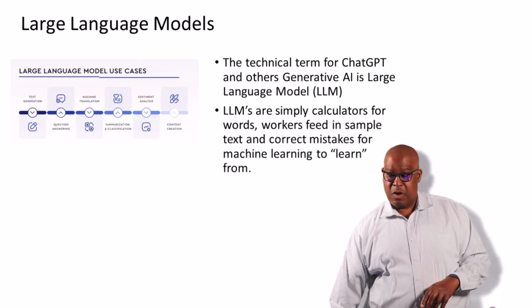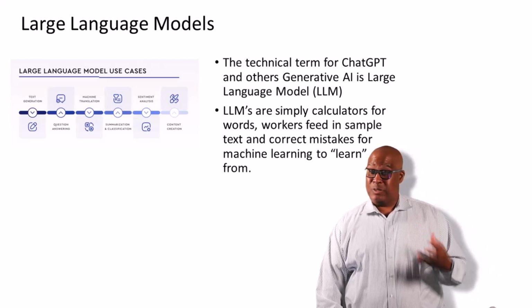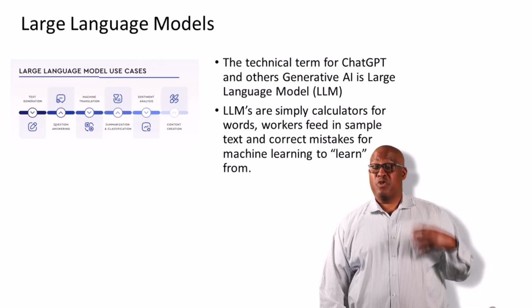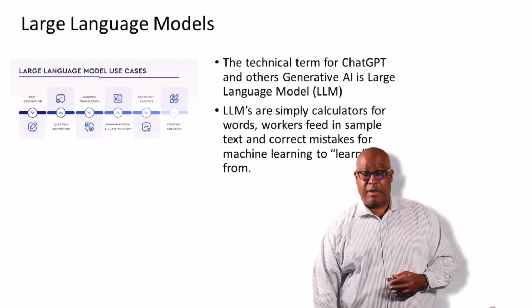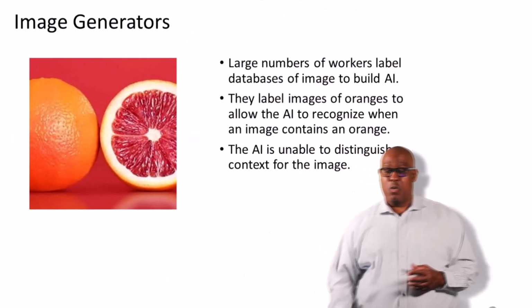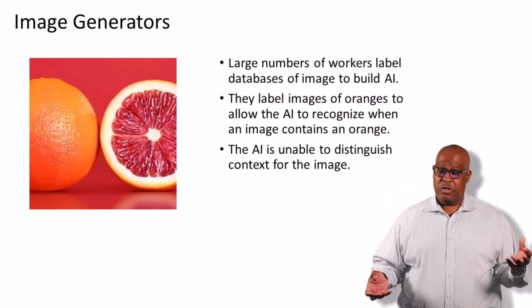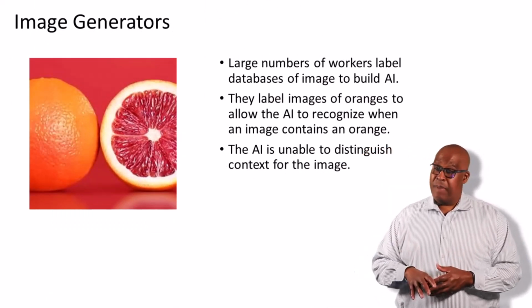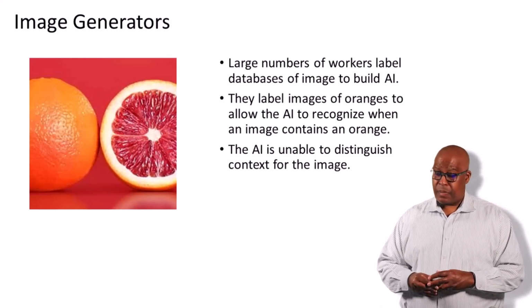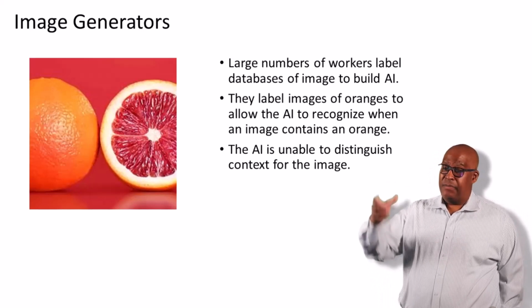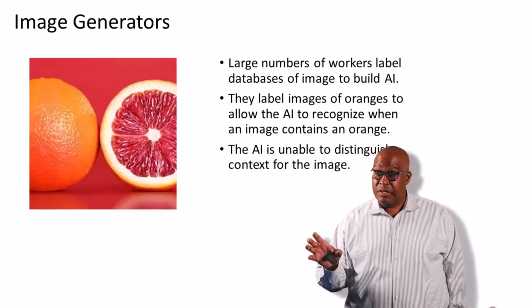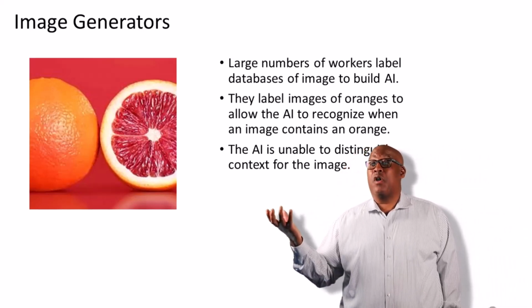Okay, so workers feed in some sort of sample text, which helps train the machine learning. And we'll talk a little bit about image generators, right? So large numbers of workers, they just label databases, okay? So this image you're seeing, the label will say this image contains an image of an orange, okay?